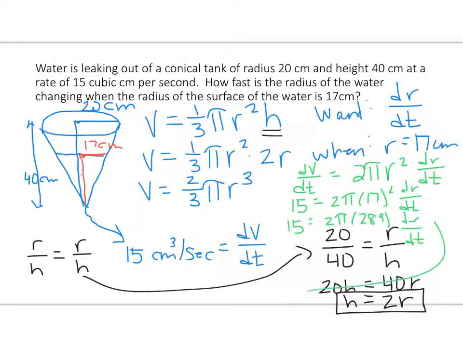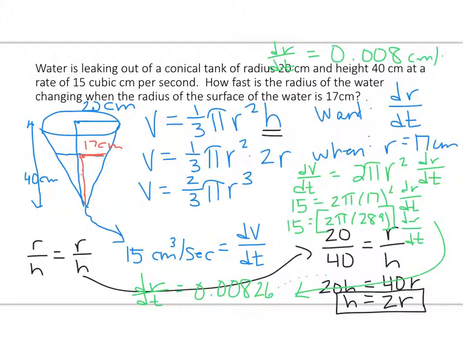When I divided 15 by the whole thing, 2 pi times 289, I end up with dr/dt equal to 0.00826, and the decimal keeps going. And I would say that this is changing at a rate of 0.008 centimeters per second. So dr/dt, final answer, is 0.008 centimeters per second.